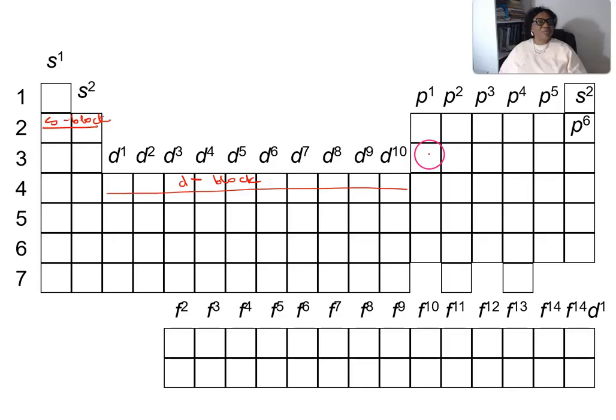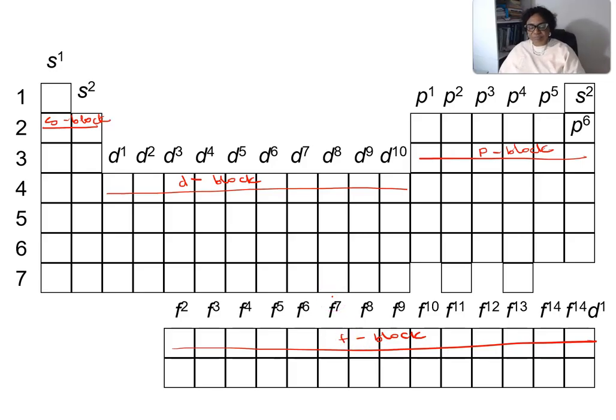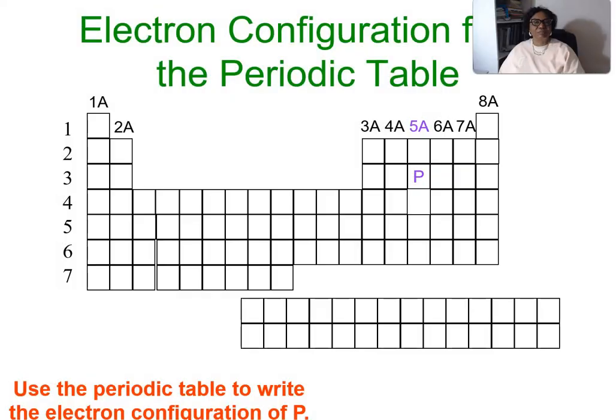Then we have the P block here. Then we have the F block.